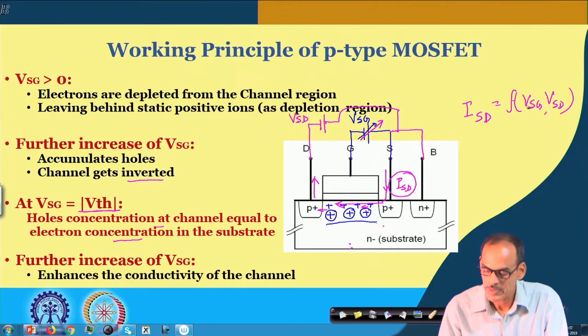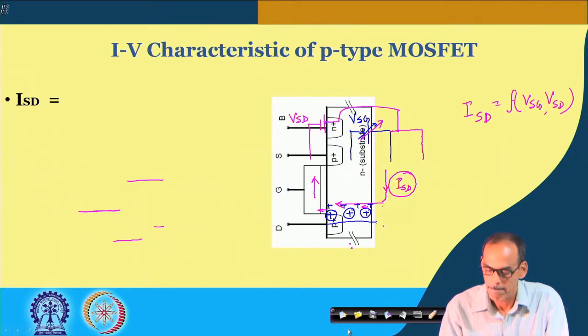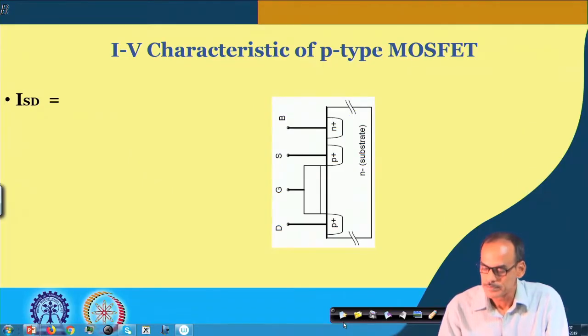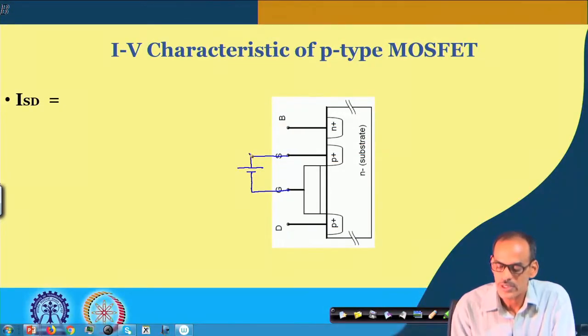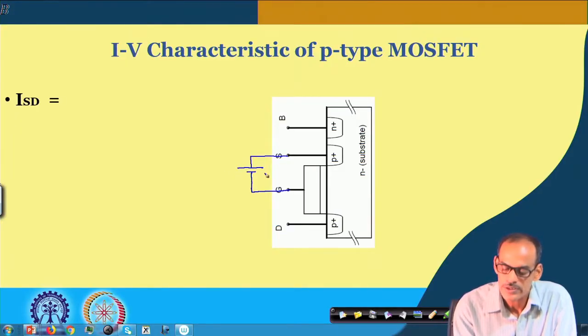Let us look into what happens if we apply the voltage. As I said, for our convenience we have rotated the device. So, let me apply this VSG. It is convenient that the positive side of the potential source is connected towards the upper side, and this is VSG.